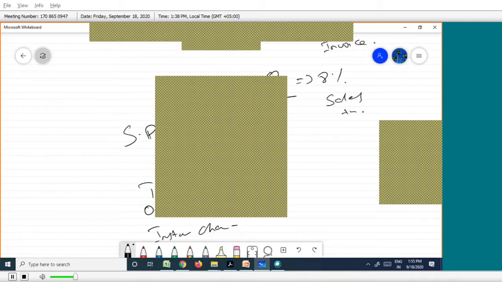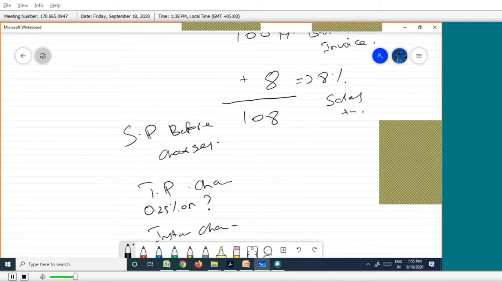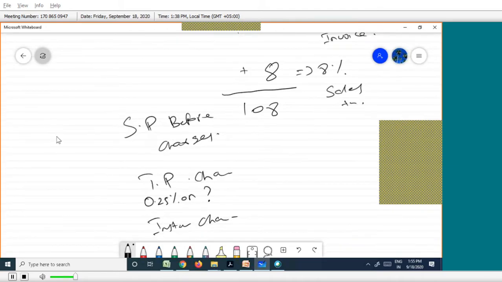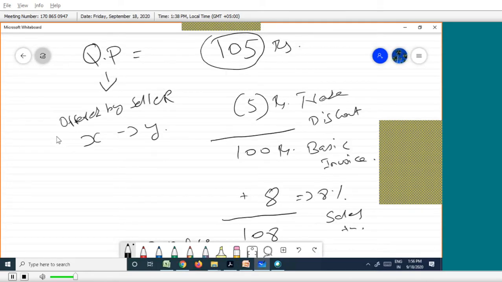Quoted price, correct. So then what is the quoted price in this problem? Which one is the quoted price? 105, 100 or 108? Please tell me. 100 rupees or 105?